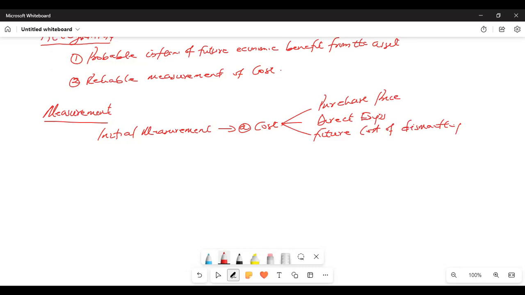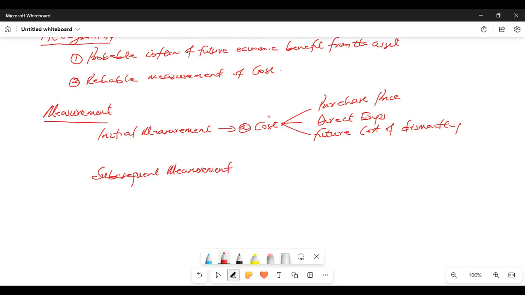All right. Now, then we move on to the subsequent measurement. So that stops the examiner from asking you an IP question where you calculate the cost the way you do for PP.